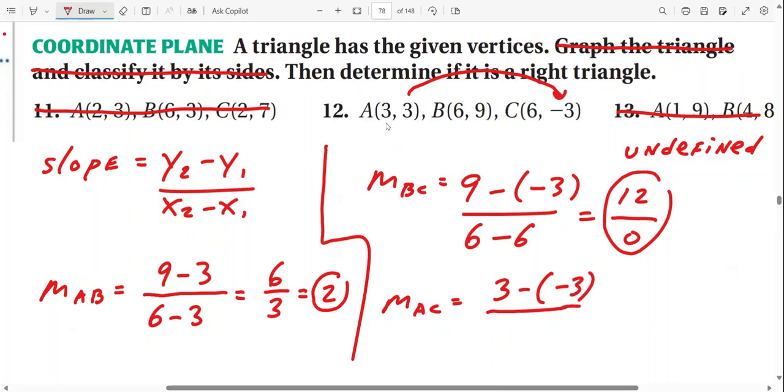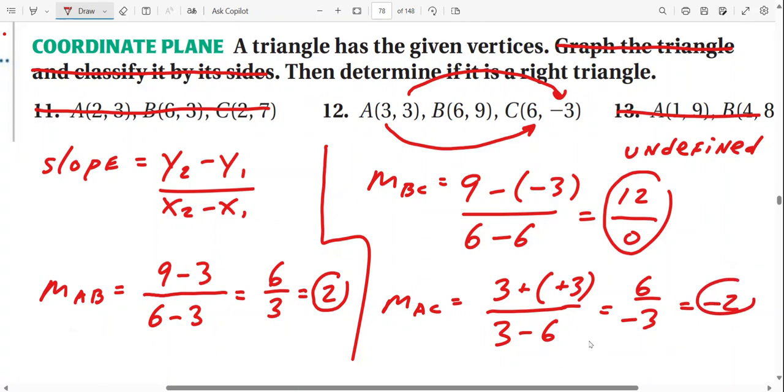Change in x, same direction: 3 minus 6. Two negatives in a row make it what? 3 plus 3 is 6. 3 minus 6 is negative 3. And that's a negative 2.